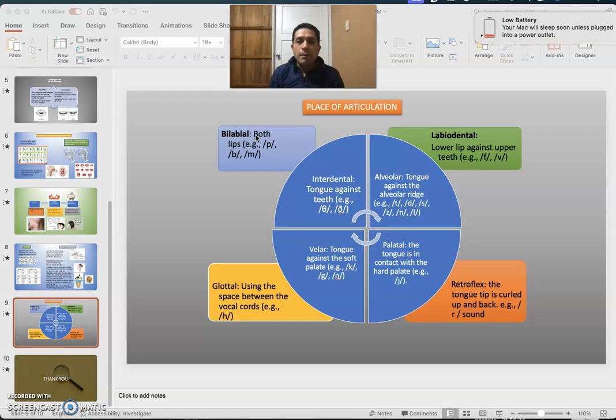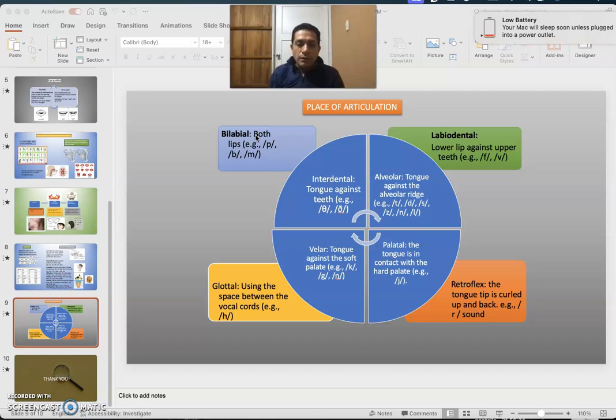The labiodental, the lower lip against the upper teeth. And the glottal, using the space between the vocal cords, for example the phoneme H. The retroflex, the tongue tip is curled up and back, for example the R sound.